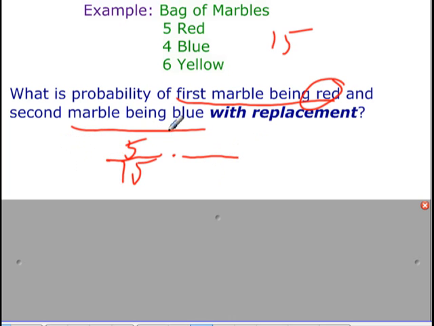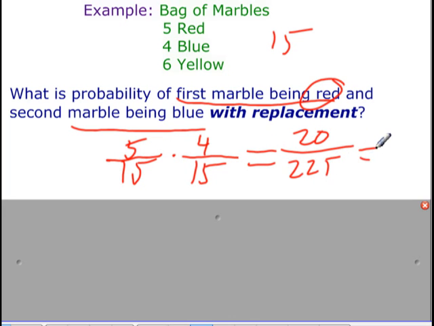Okay, the second marble being blue, so there are 4 blue marbles, but there are still 15 to choose from because the first one you picked up, you put back. So that's 20 out of 15 times 15 is 225, and we could reduce that. If we reduce this one to a third, that's easier, so that's going to be 4 out of 45.